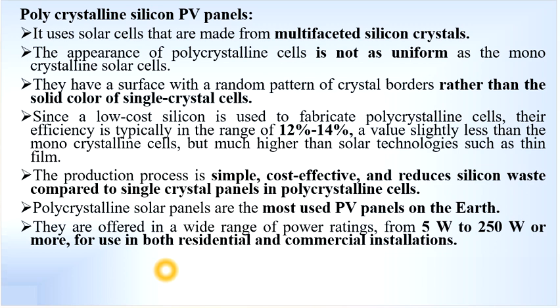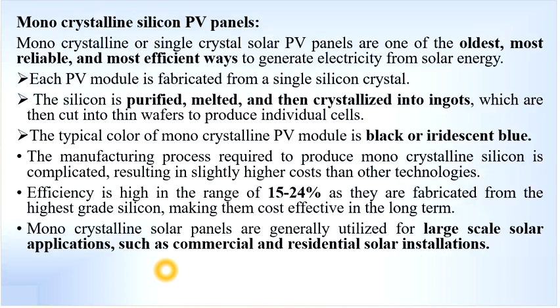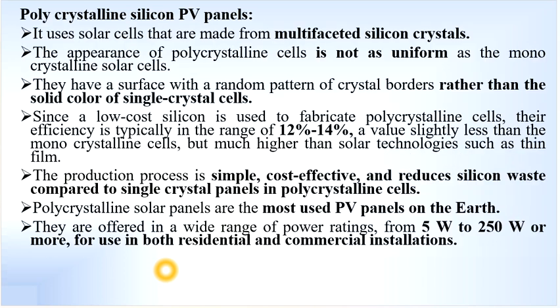Okay, what about polycrystalline silicon PV panels? These panels use solar cells that are made from multifaceted silicon crystals, whereas in the case of single crystal it is only one. Here it is multi, right? That's why it is called poly. Poly indicates multi, single indicates mono.